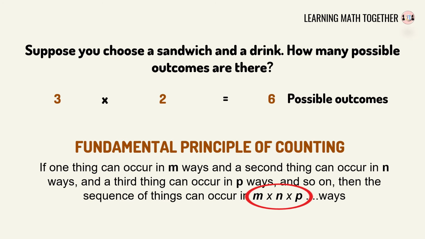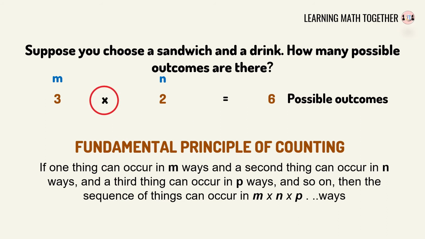That means, going back to what we have solved a while ago, 3 here is the number of ways we could choose from a sandwich, that is m ways or 3 ways, multiplied to the number of ways we could choose from our beverages, which is an iced tea and pineapple.